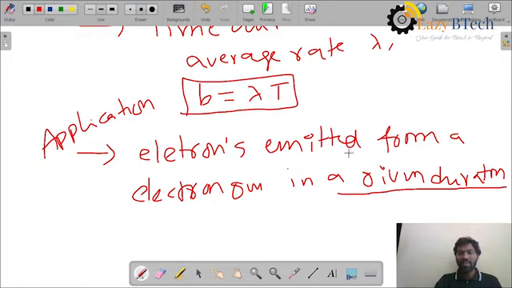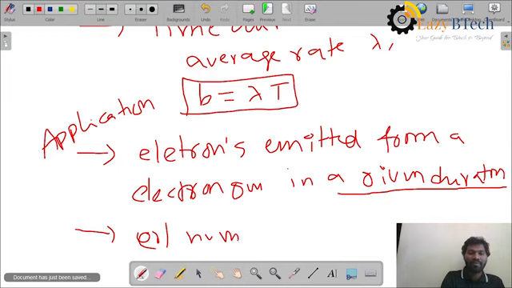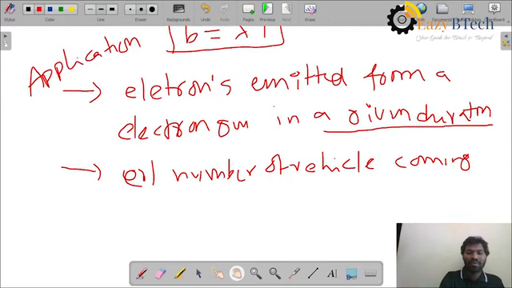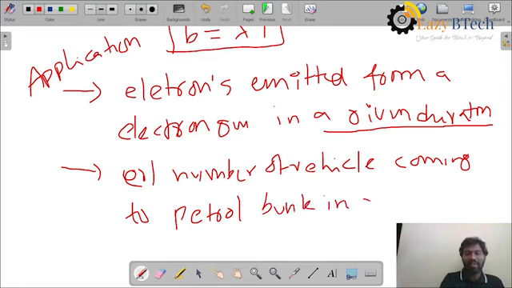So, the number of electrons emitted from an electron gun, or the number of vehicles coming to a petrol bunk in a given duration.